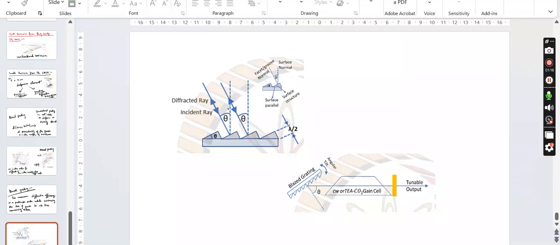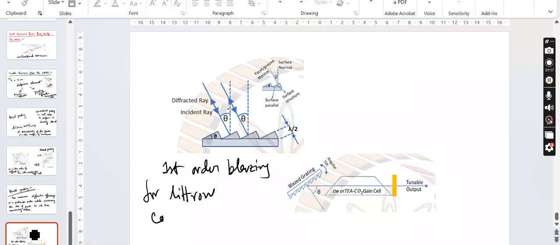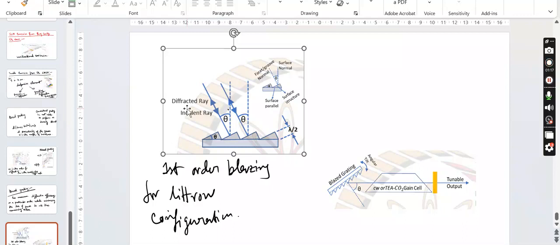For the first order blazing in the retro configuration, you can see that an incident light strikes the grating along the facet normal.